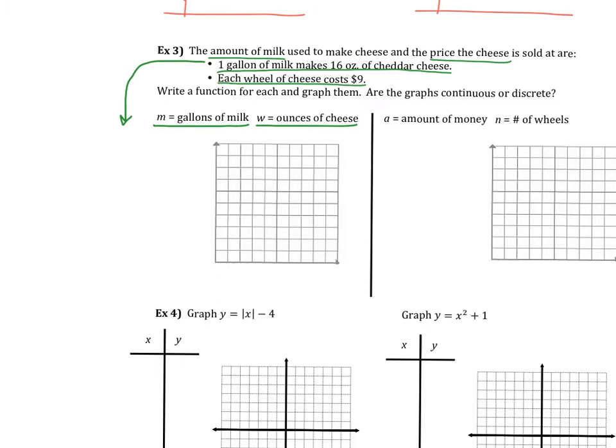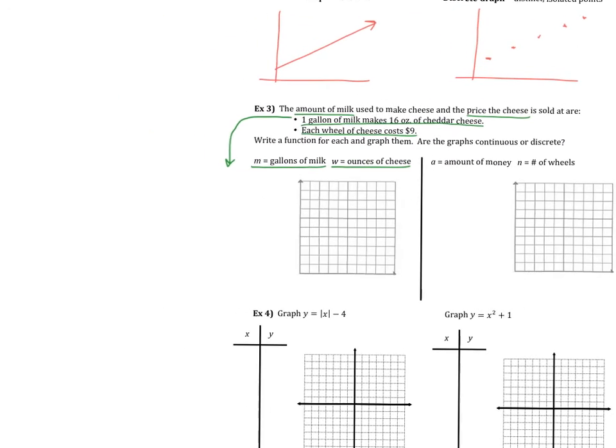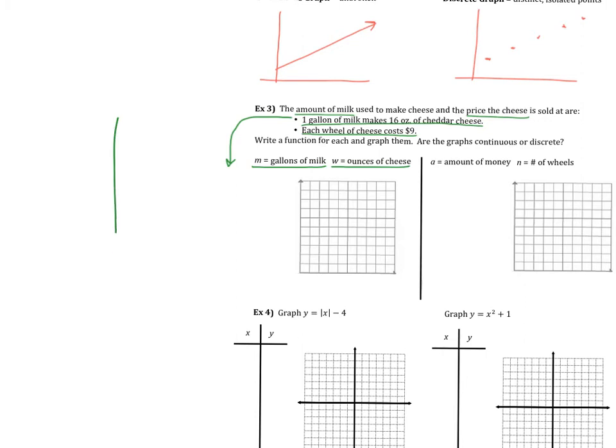If 1 gallon makes 16 ounces, then 2 gallons would make 32 ounces, right? If you want to set it up as a T-chart, maybe that would help you to see it a little better. This is milk and weight in ounces. So 1 gallon of milk makes 16 ounces. So 2 gallons would make 32 ounces, or 3 gallons would make 48 ounces, okay?